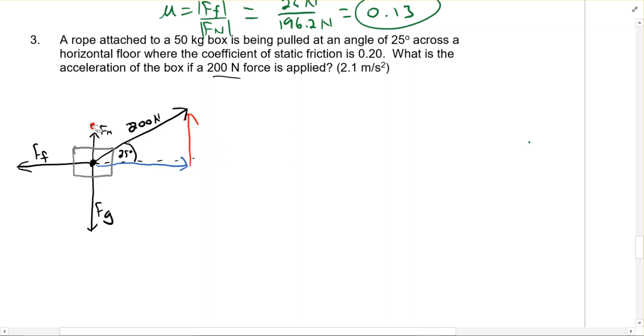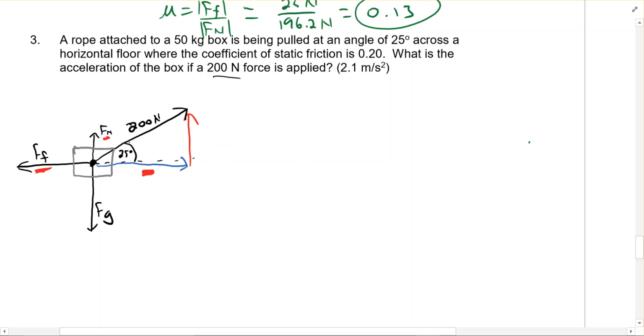Hopefully that makes sense. I'll walk you through the process here. We want to figure out what Fn is, because we can use Fn to figure out what the force of friction is. Once we know the force of friction, we're going to take that and the x component of this triangle to figure out what our net force is.